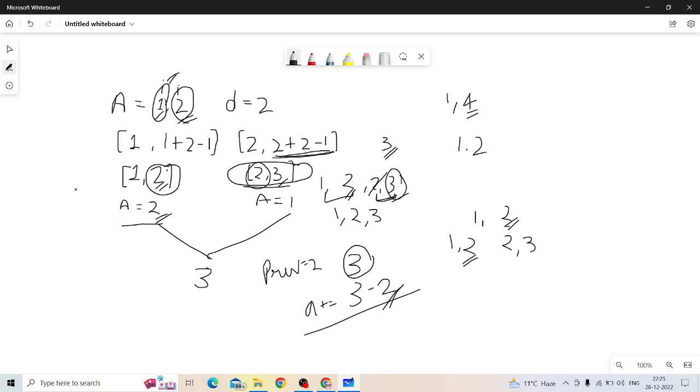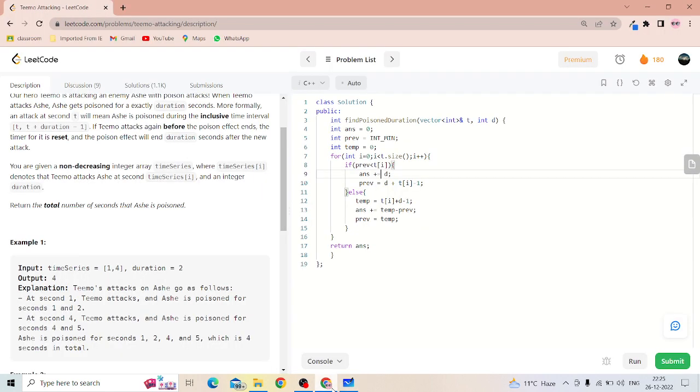Okay. Initially we have to add this second. So initially this previous is always less than this number. So simply what I have done is taken previous as int min, and a temp variable.